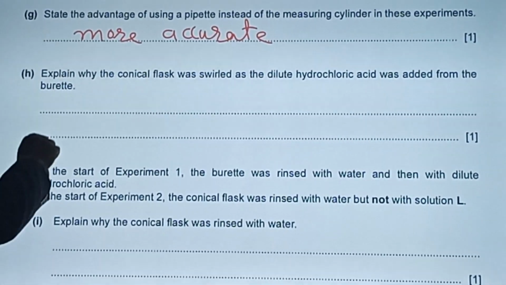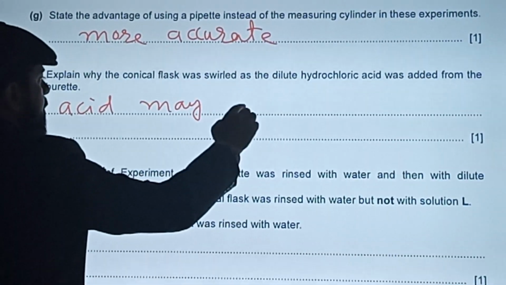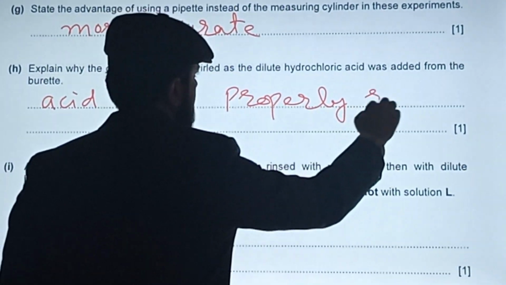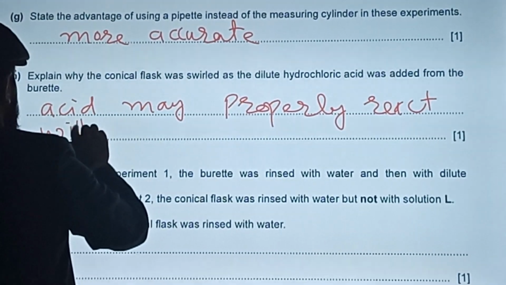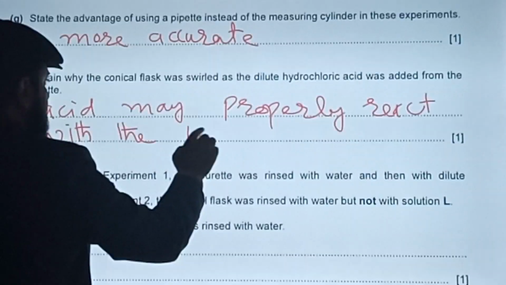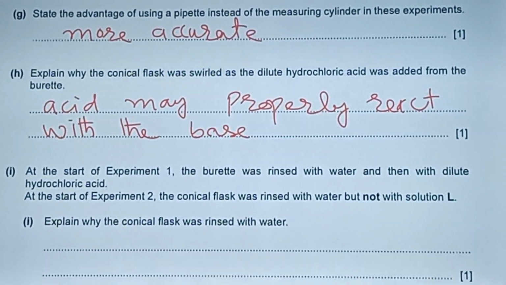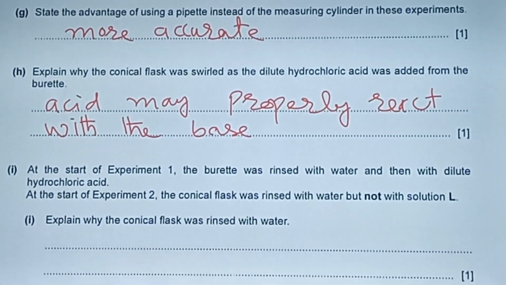So the acid may properly react with the base, and we can see a uniform indicator color, or in short we can say to see uniform indicator color.